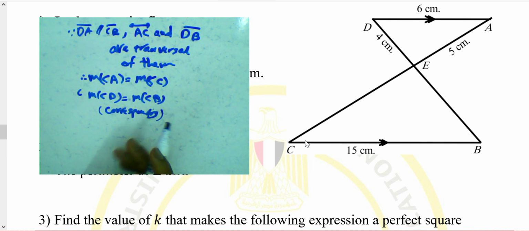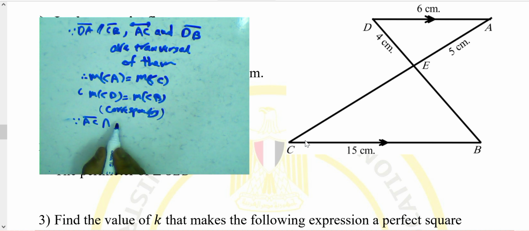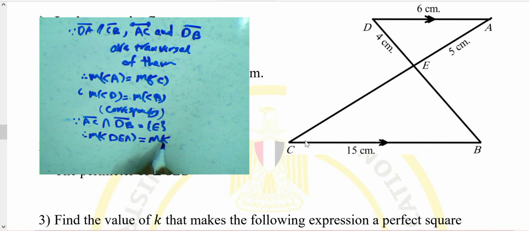Because we have two transversals and two parallel straight lines, and also AC intersects DB at the point E. Then the measure of angle DEA equals the measure of angle BEC. Two angles are equal in measure. We call them vertical opposite angles. When two straight lines intersect at one point, the two vertical opposite angles are equal in measure.